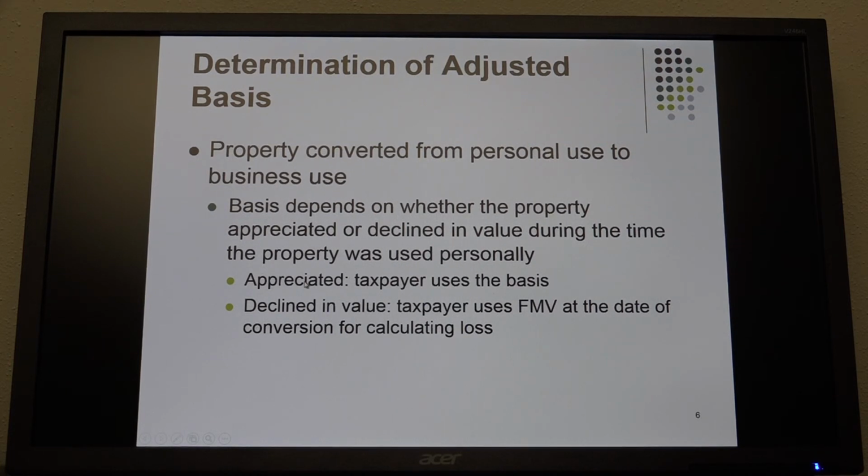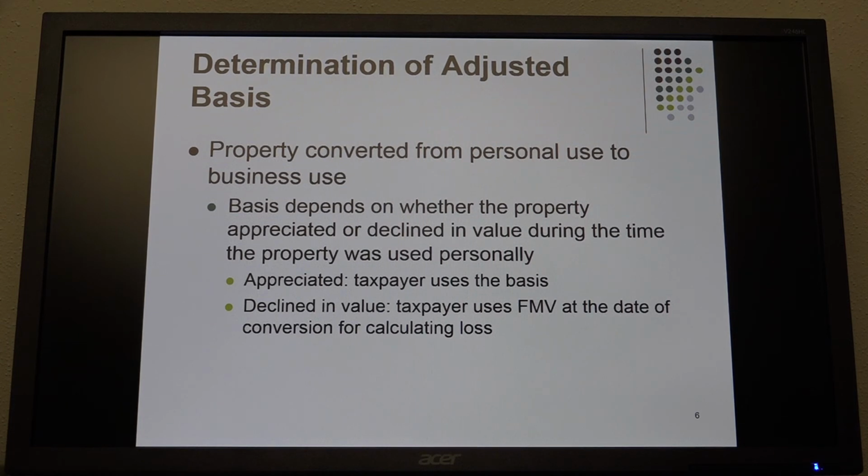Now for property converted from personal use to business use, the basis depends on whether the property appreciated or declined in value during the time the property was used personally. Now in most instances, if it's like a car or something like that, it's declined in value.